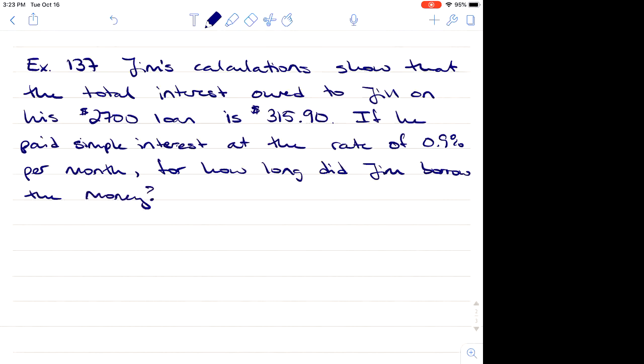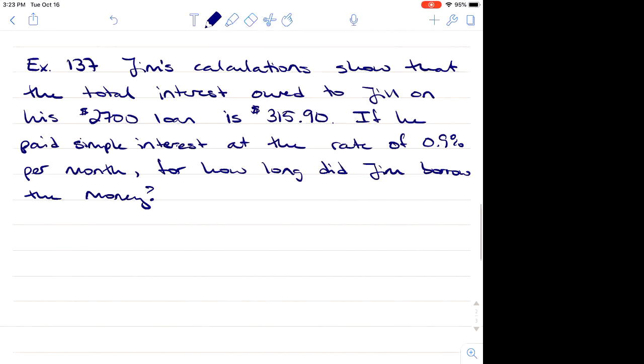So now we know the principal amount that he borrowed was $2,700. The amount of interest is $315.90. The interest rate is 0.9% per month, so we need to sort that out first before we can do any calculations. And then we want to find time.